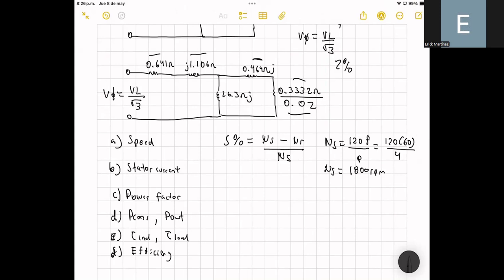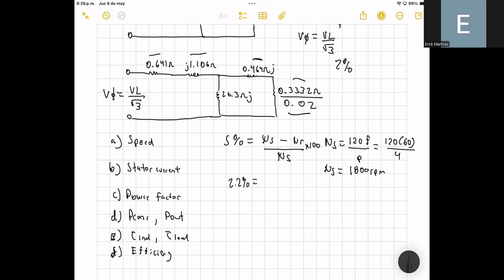Now we can substitute this value into this expression. Also, I forgot to place here 100. Now we are multiplying this whole expression by 100 because we are working with a percentage. Also, we know the value of the slip, that is 2.2%.